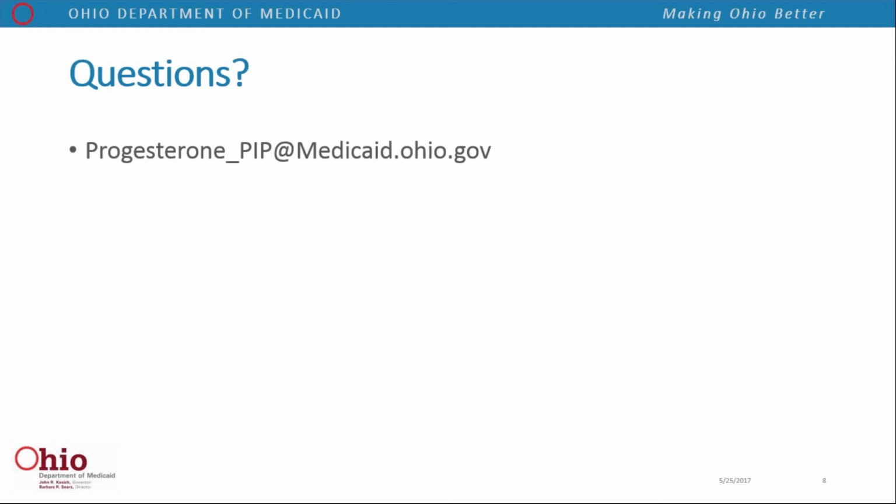So the online notification through the NurtureOhio website, as soon as you enter it, the people who receive it, the managed care plan, county, and home health agency, they'll all receive that notification the same day that you enter it.